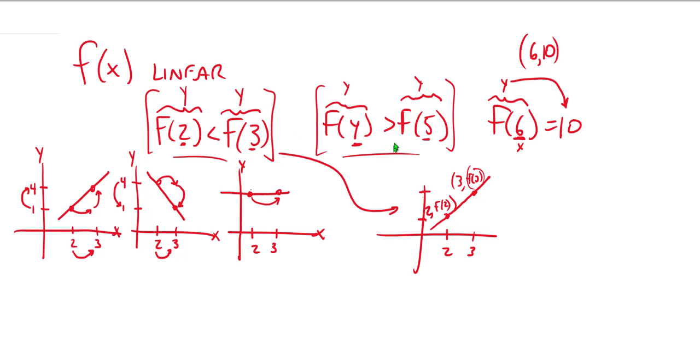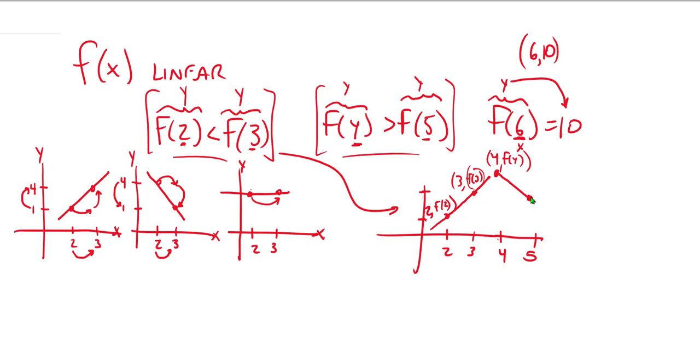But this other stipulation, again without the equals to, would say that f of 4 is greater than f of 5. So this point right here would be 4 comma f of 4, right? Again, that f of 4 is just the y value.